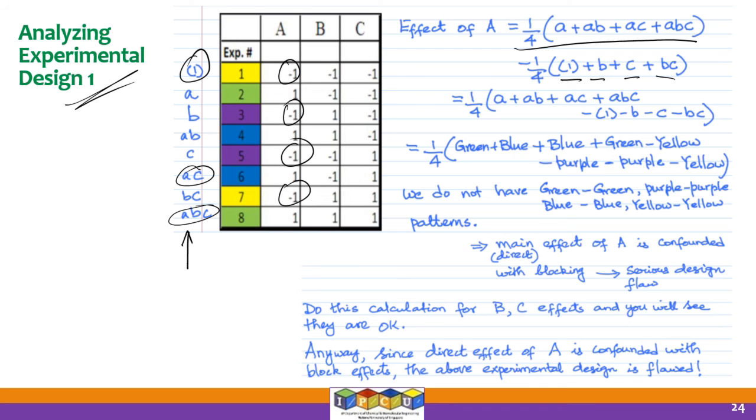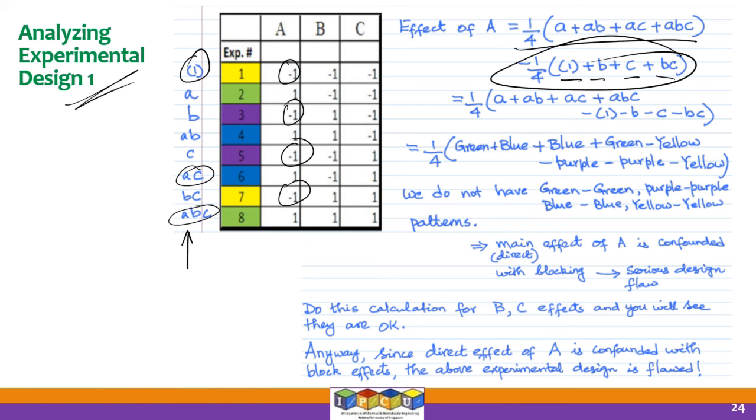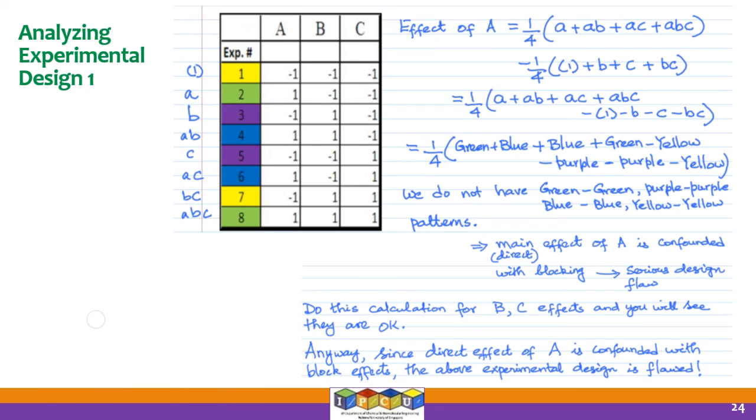You take all those four readings of the output and average them. You subtract the two averages you have computed, and you get the effect of A. This is the mathematical expression for that, and then you can rearrange it in this particular form.